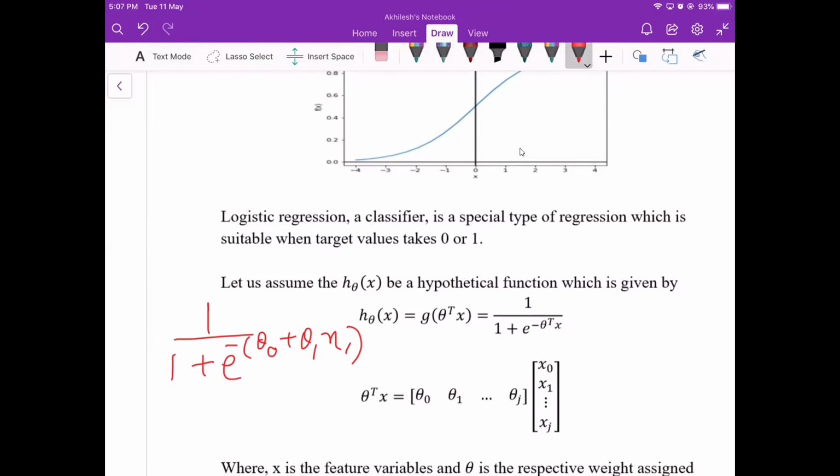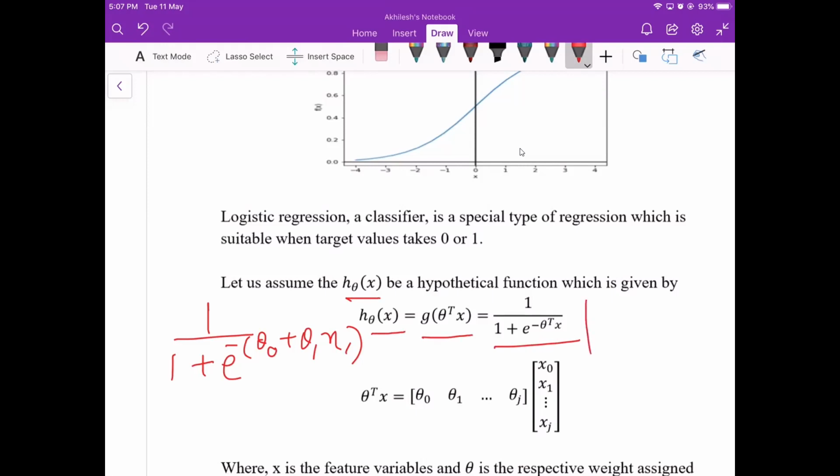Let's assume that h theta x is a hypothesis function, which is given by 1 upon 1 plus e to the power minus theta transpose x, or here we have written it as g of theta transpose x in some other fashion.